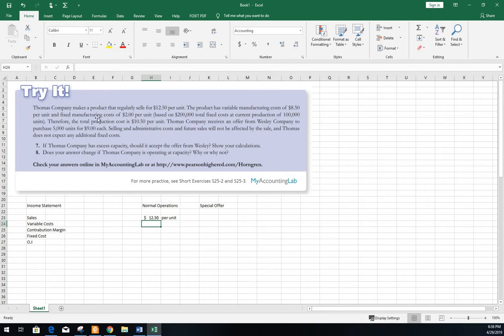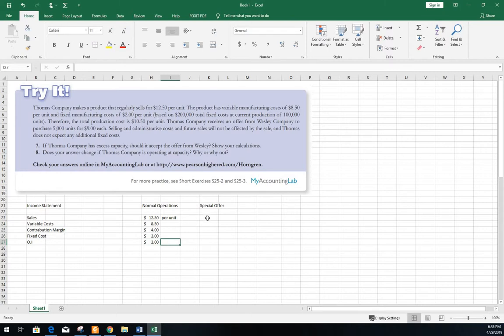Variable cost, it says variable manufacturing cost $8.50, and that will give us a contribution margin of $12.50 minus $8.50, $4 per unit. And then it says we have fixed manufacturing costs of $2 per unit, and that'll leave us with $2 of operating income per unit.